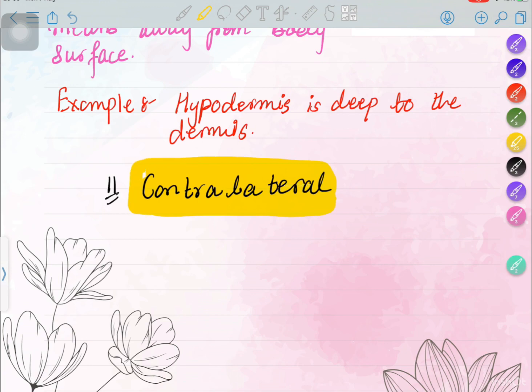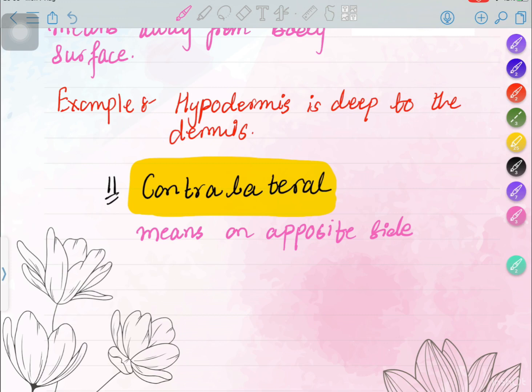The 11th term which I'm going to use here is contralateral. Again, I explained the word lateral, correct? Now it is contra. Have you heard the word contrast? Exactly. Contrast means opposite. So contralateral means on the opposite side. Give me a best example for that. It's a very easy example.